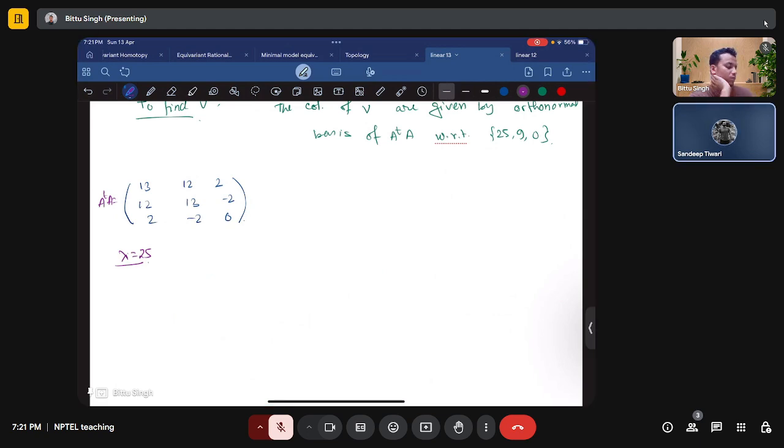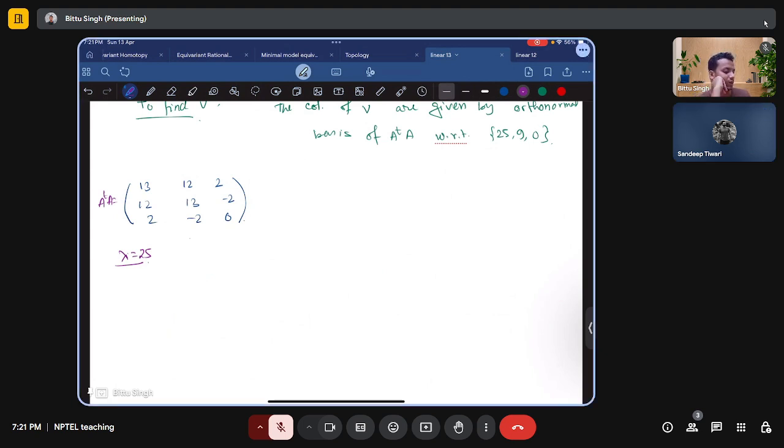A transpose A minus 25I is minus 12, 12, 2; 12, minus 12, minus 2; 2, minus 2, 0.